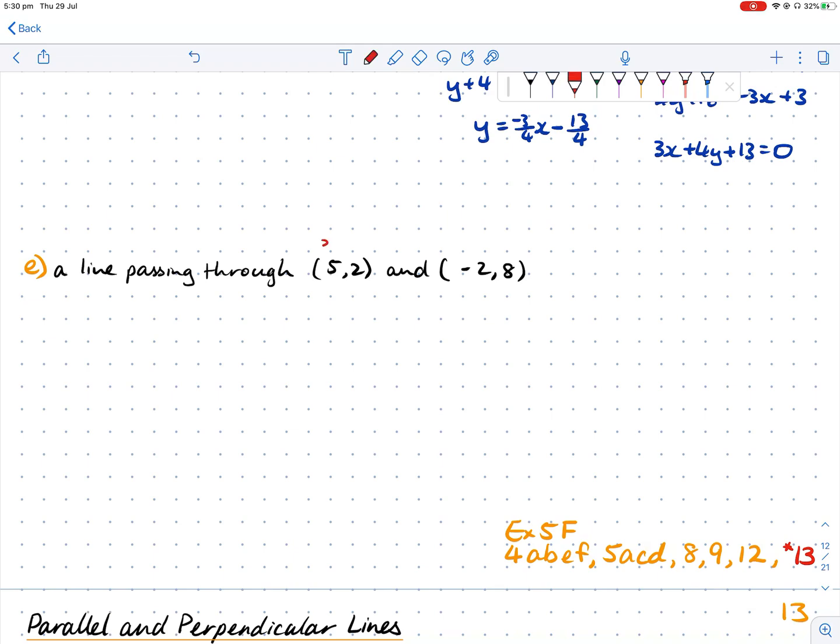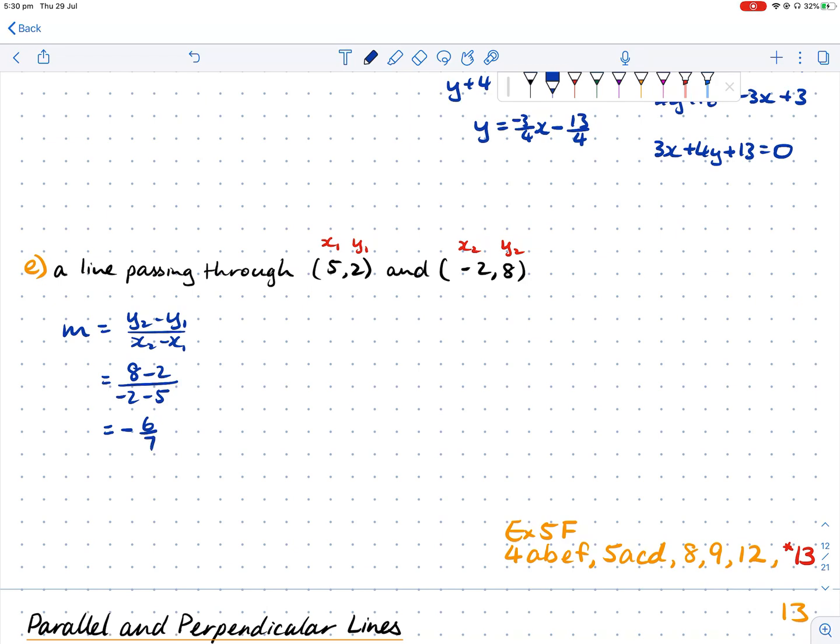So I'm going to make this one x1, y1, x2, y2, because to work out gradient, the formula was y2 minus y1 over x2 minus x1. So when you go to work it out, it's going to be 8 minus 2 over negative 2 minus 5. That's going to be negative 6 over 7.